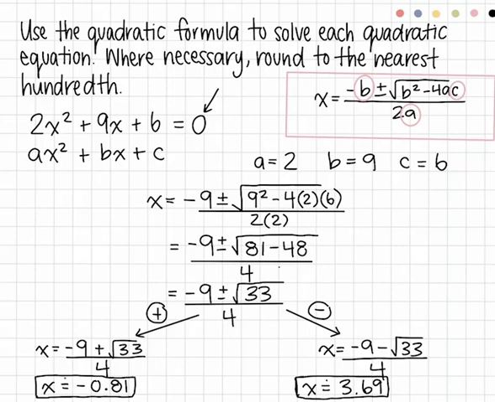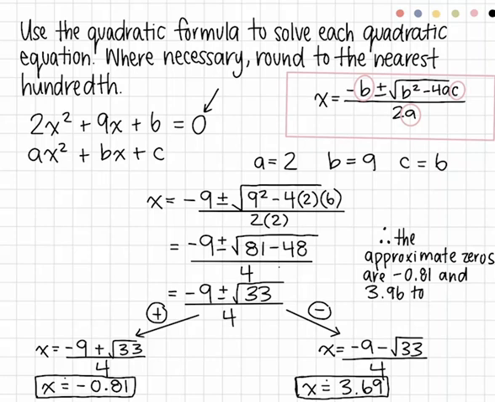So then, if this question was asking you, like, what are the x-intercepts of this quadratic equation, you can do this with the quadratic formula, and then you would write, therefore, the approximate zeros are negative 0.81 and 3.96, and then you should probably put in that it was rounded, so you would write to the nearest hundredth.